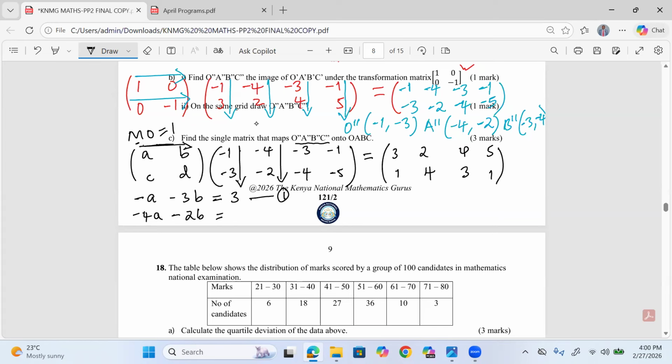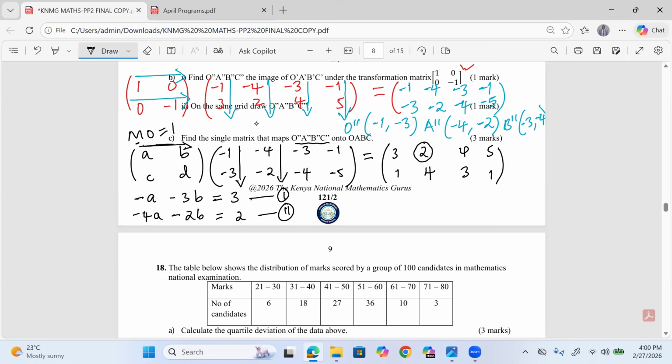This is supposed to give us the second element, which is 2. And through that, we have our second equation. So when we solve the two equations simultaneously, we shall get the values of A and B.